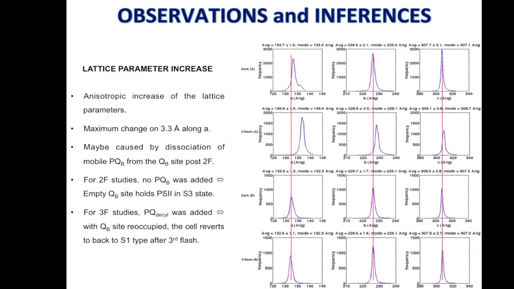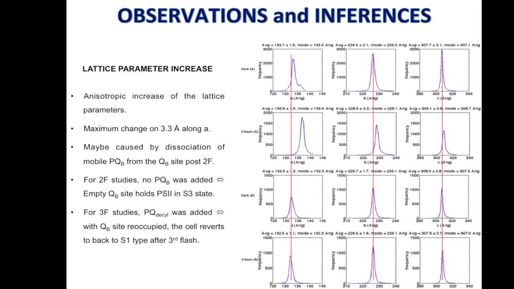And what you can see is that in the second row, especially along the A-axis, which is the first plot to the left, comparing the dark state and the 2-flash state, there's a clear 3 to 3.5 angstrom increase in the unit cell parameter.